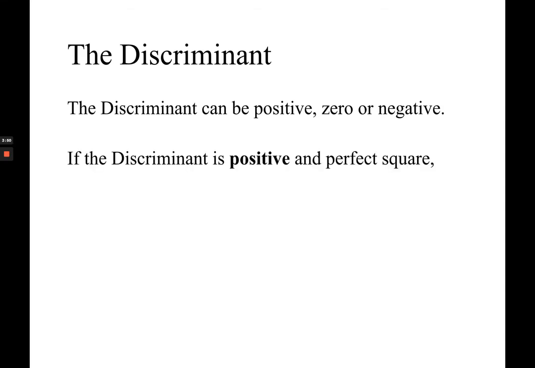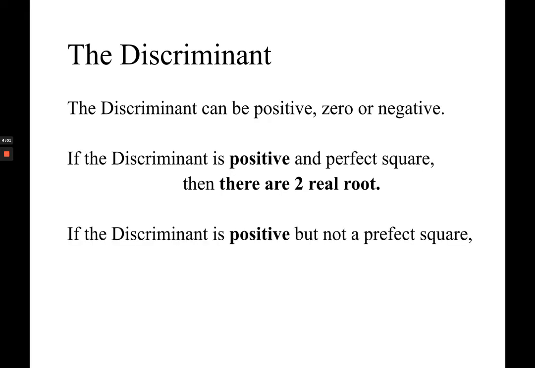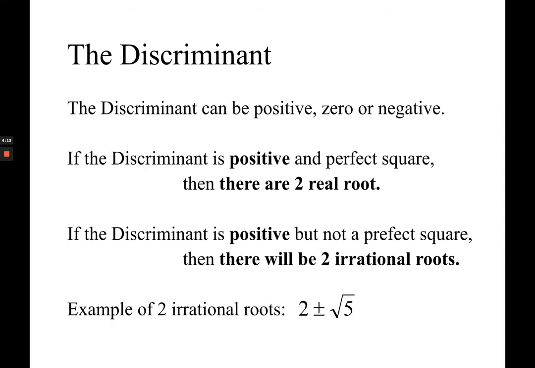If your discriminant is positive and it's a perfect square, it means you have two real roots, or two real number solutions. If it is positive but it's not a perfect square, you are going to have two irrational roots. There are also other cases. If it's not positive, then it could be 0 or negative.